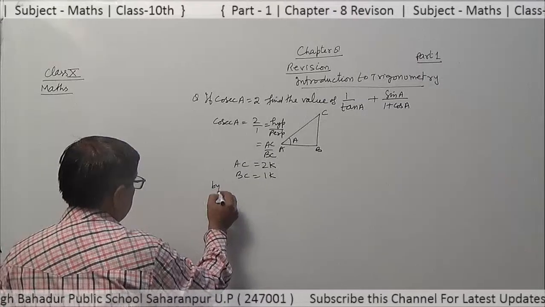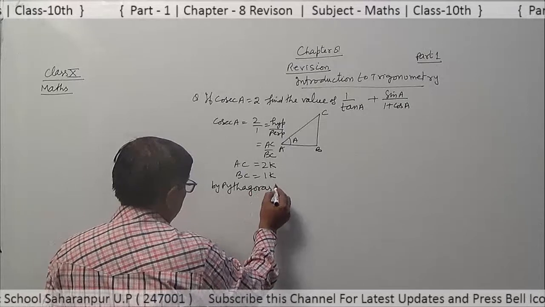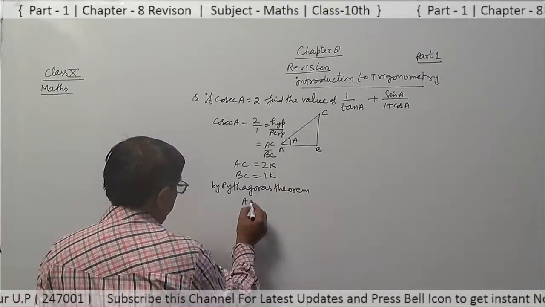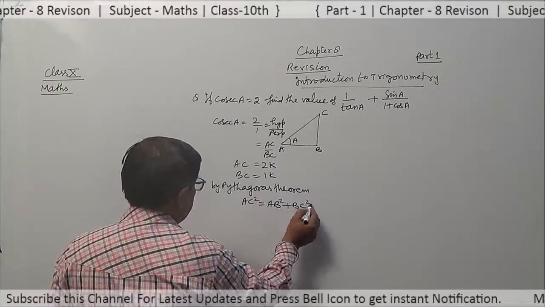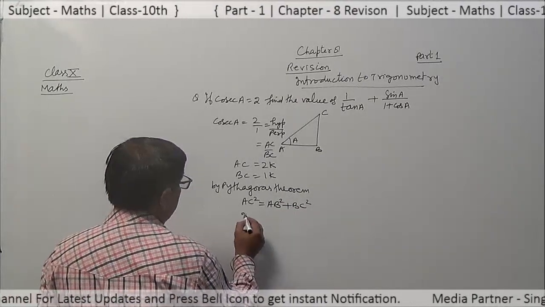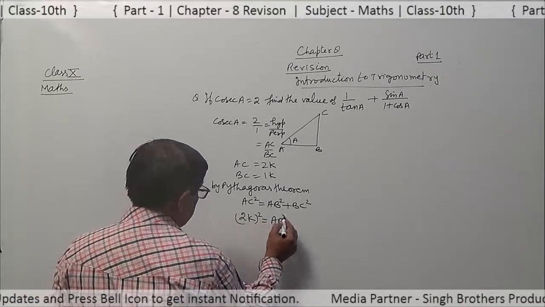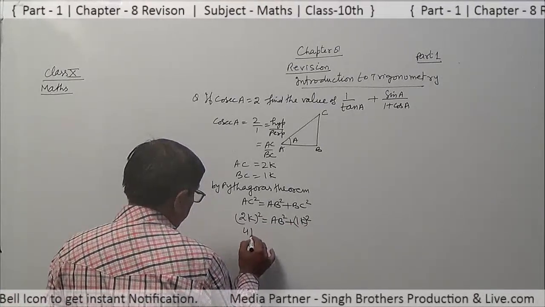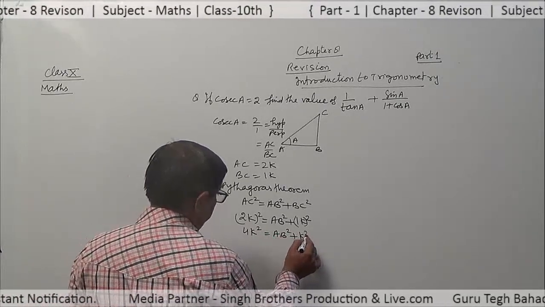By Pythagoras theorem, AC square is equal to AB square plus BC square. AC is 2K, so 4K square is AB square plus K square.